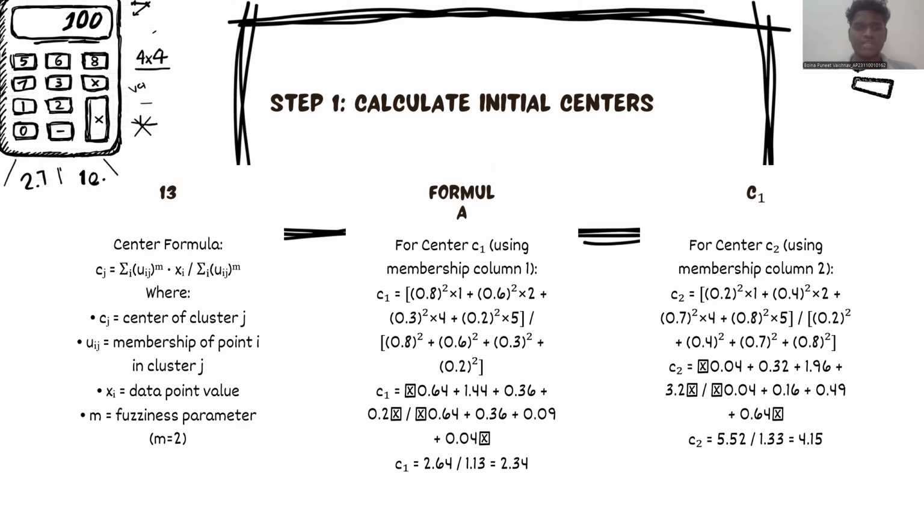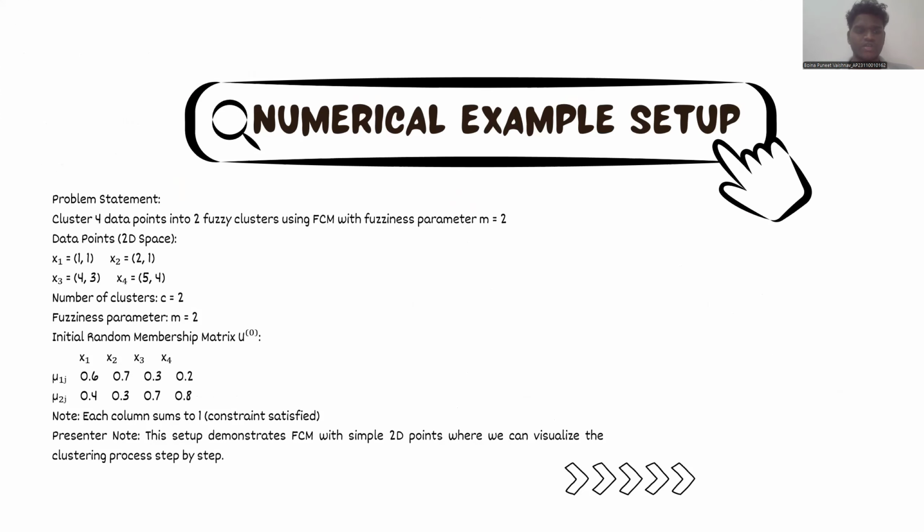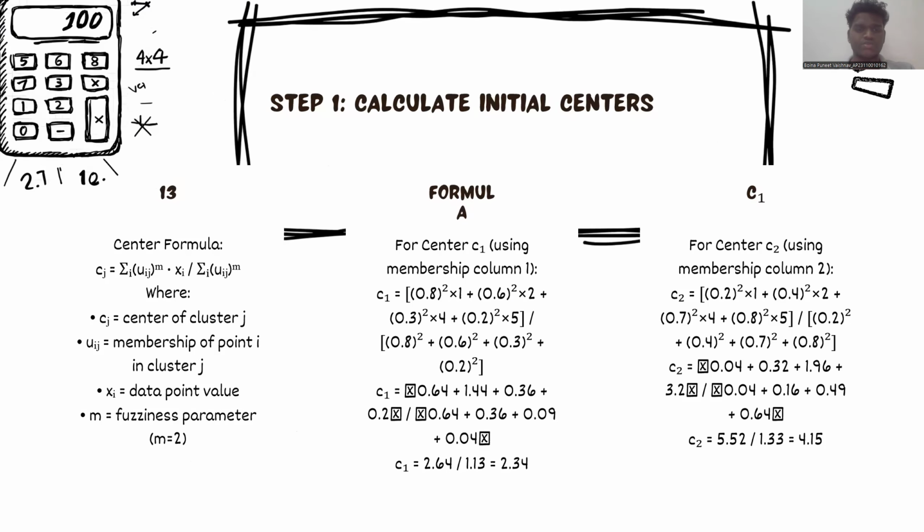So we will be calculating like this using the center formula, which is summation of Uij power m into xi divided by summation of Uij power m. We take the data points given here, U1j, U2j, and substitute them directly into the formula. After substituting, we get the two cluster centers as 2.34 and 4.15.